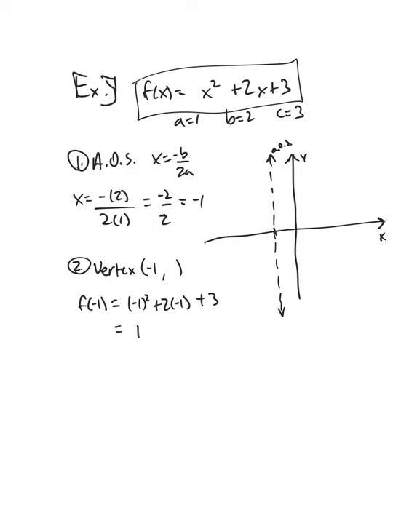So this is 1 minus 2 plus 3. What are we going to get there? Positive 2. So negative 1, 2. That's the vertex. That's our vertex. Okay, third step is making that t-chart.